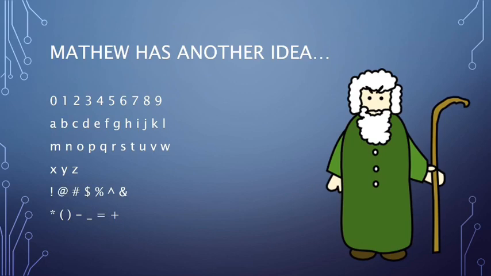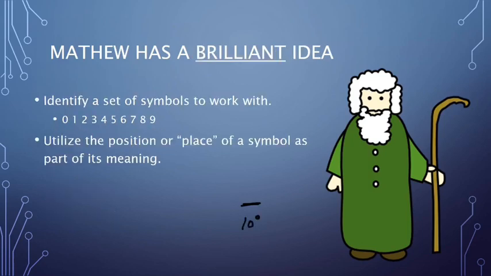But now he's out of ideas. So we see there's a problem with this idea. Having a different symbol for every value becomes intractable as the number of possible values goes up. Okay, so finally, Matthew has a brilliant idea, and looks like part of it snuck out ahead of time on the bottom there.